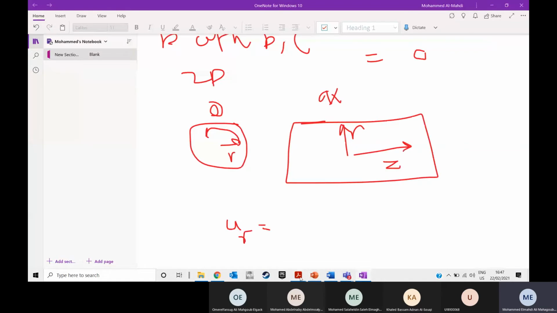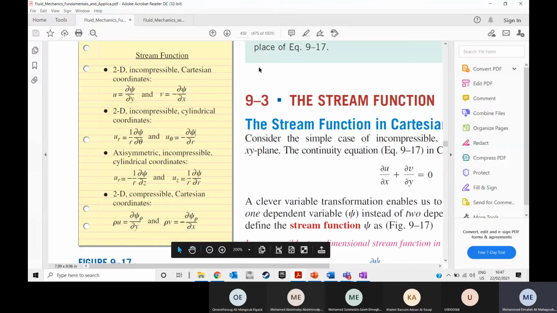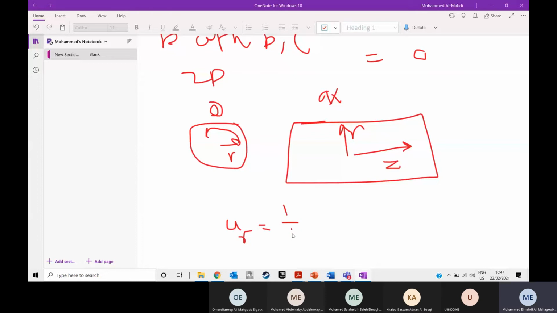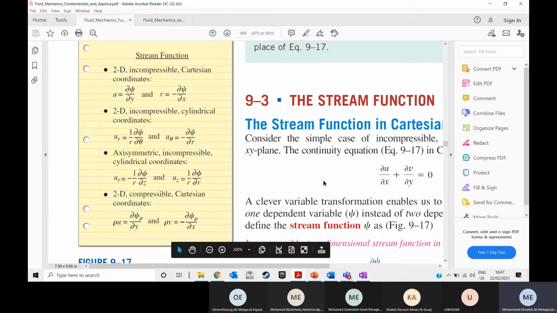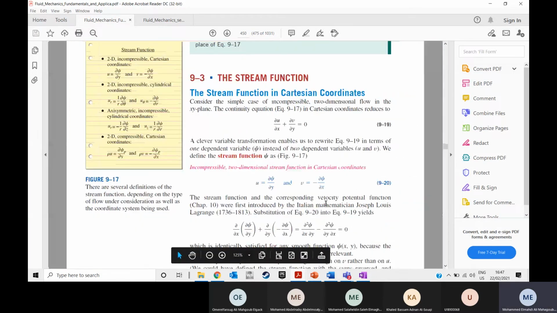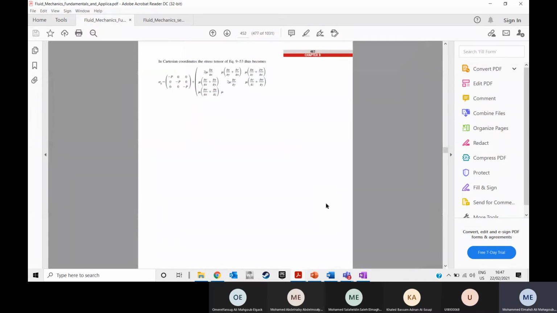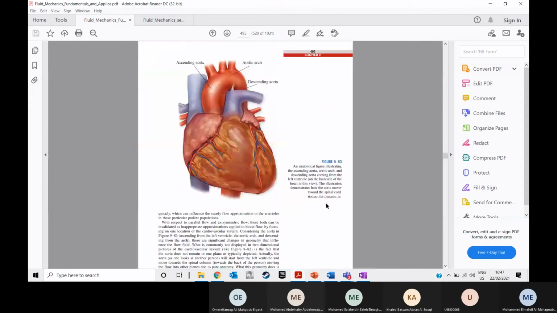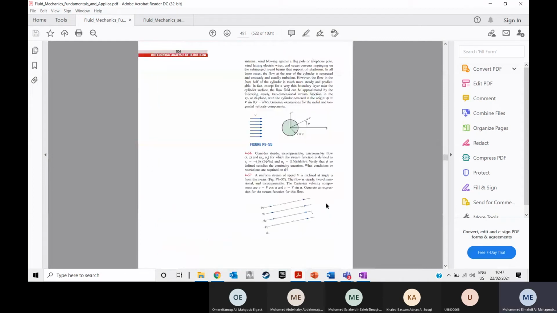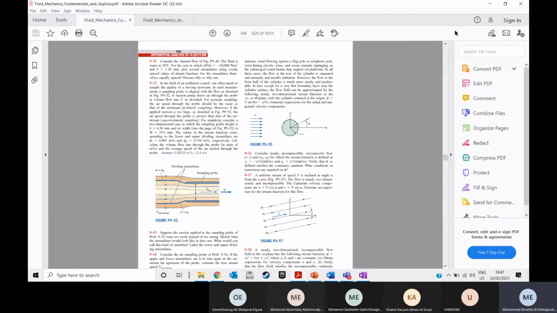The expression for U_r is going to be 1 over R times partial psi by partial theta, and the expression for U theta is going to be minus partial psi by partial R. So let's check our stream function for this question.